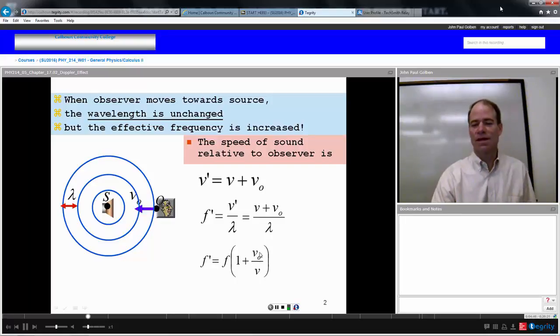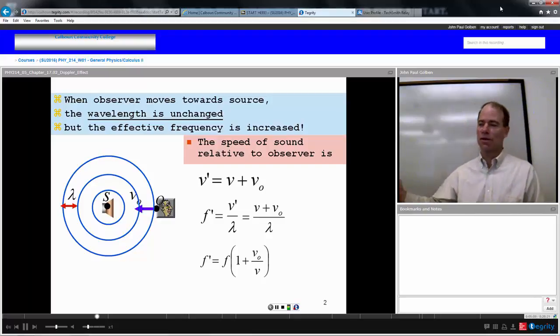However, if I'm moving towards the source at a velocity of, say, 60 miles per hour, which is on the order of 30-some meters per second, then this fraction of 30-some meters per second over 343 meters per second could be on the order of 1/10. And hence I would have 1 plus 1/10. I would increase my observed frequency by, say, 10%.